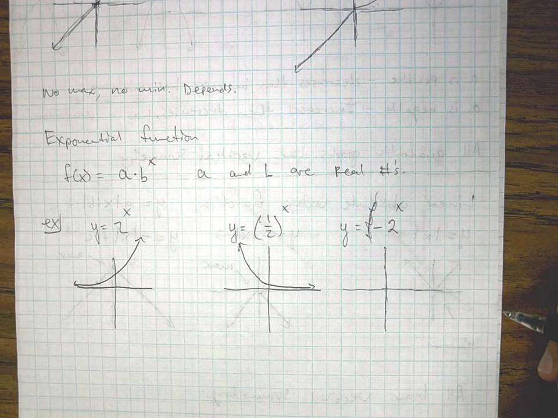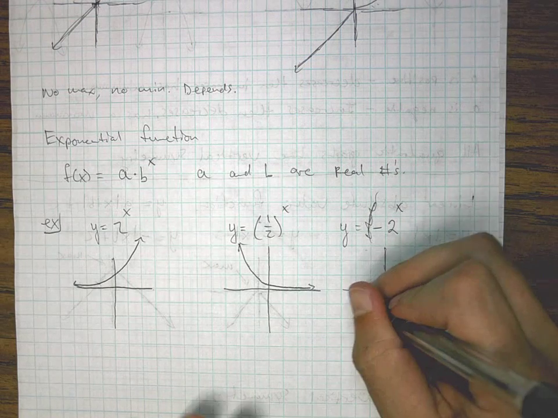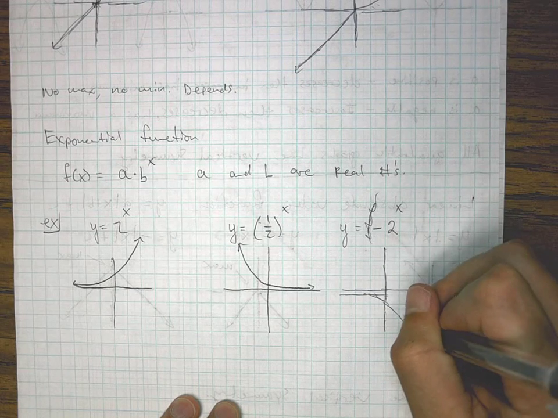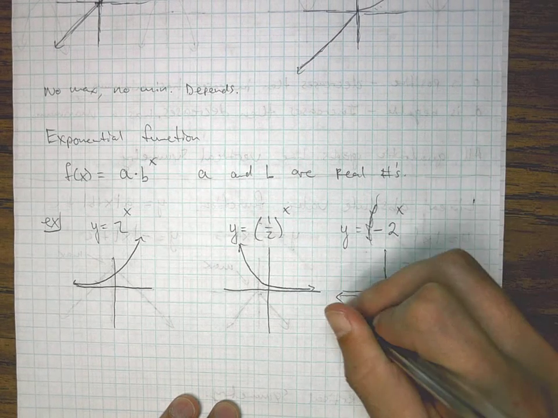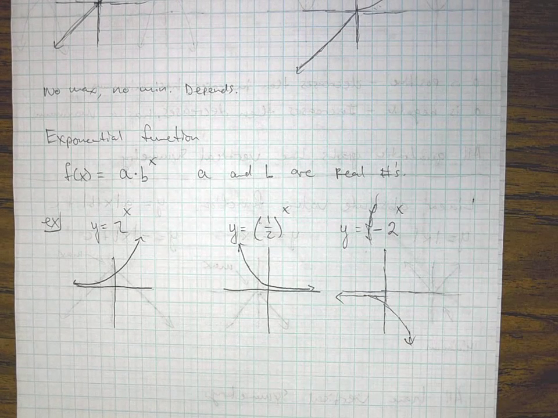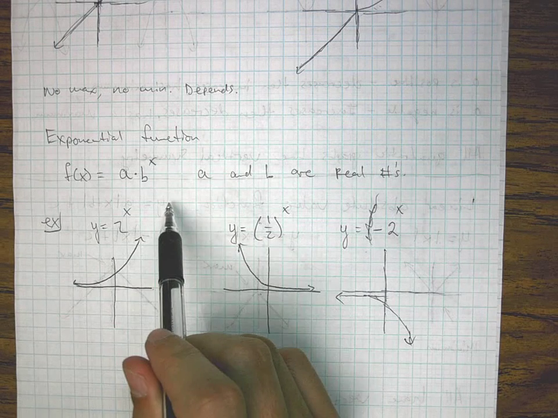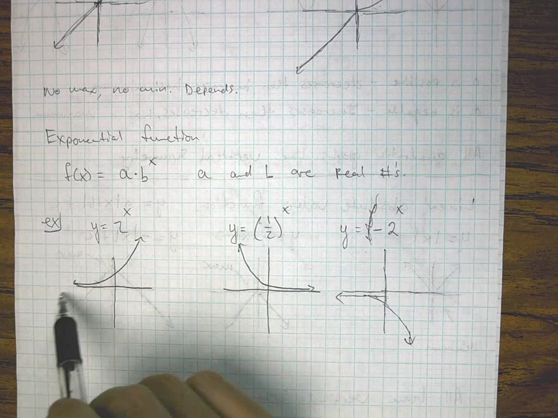And this one starts even and then just tanks. So these are exponential functions. They do not have a maximum or a minimum. This goes on forever, getting bigger as we go to the right. It goes on forever, getting smaller as we go to the left.